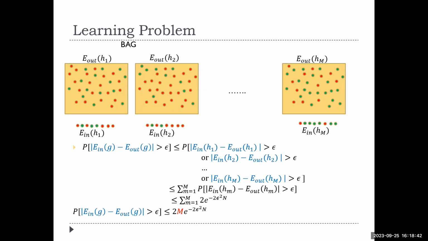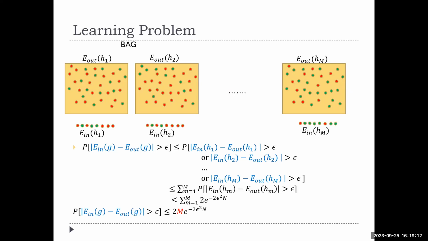For each hypothesis, the one that we pick, we need to make sure that its error is greater than epsilon, or for the second hypothesis greater than epsilon, for the third, fourth, fifth, and mth hypothesis is greater than epsilon. So if you add them up, this is what you get. Okay. So eventually, what happens is, if you have multiple hypotheses, then you have 2 times m.